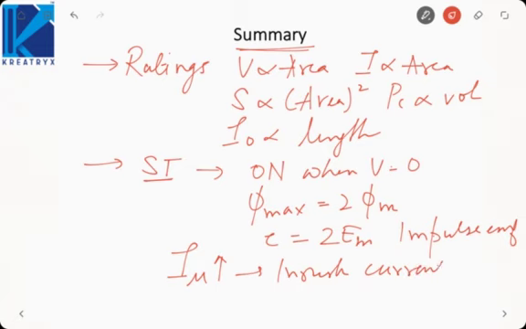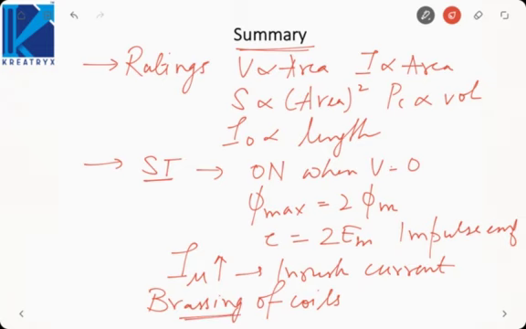This can damage the winding, so we need to provide more insulation, and this can also dislocate the windings due to large amount of force existing between the low voltage and the high voltage winding. So we need to properly brace the coils so as to avoid the dislocation. So we have to do proper bracing of the coils.